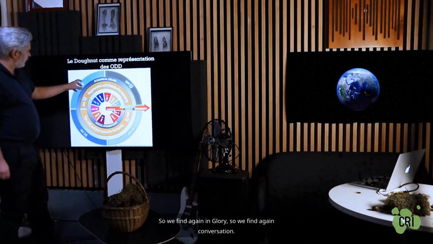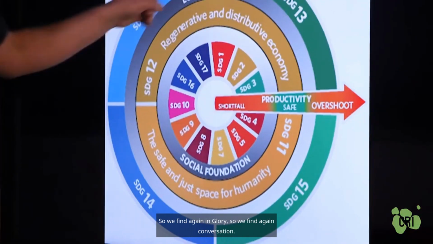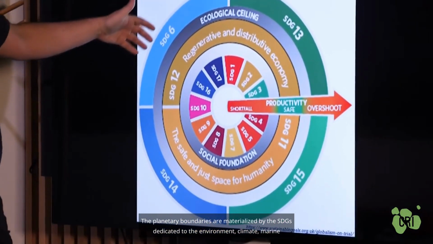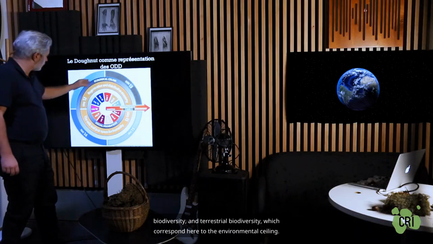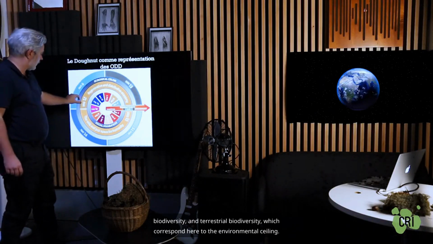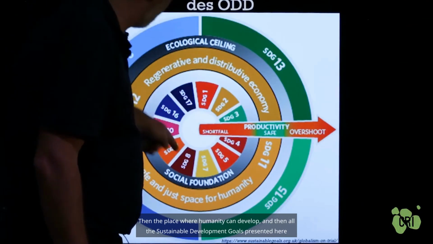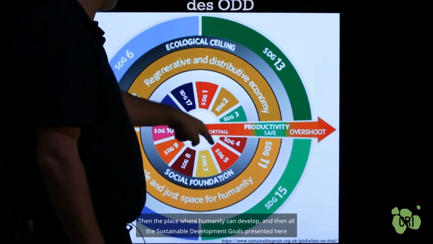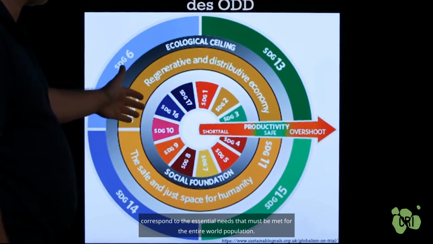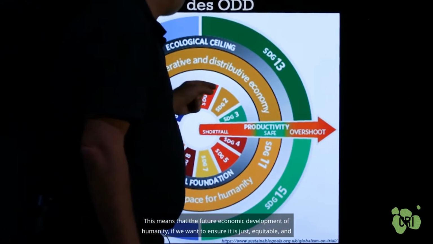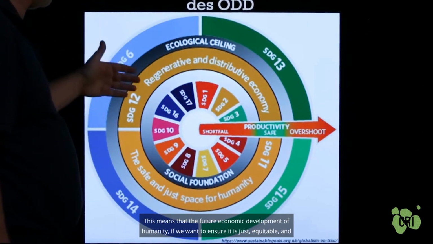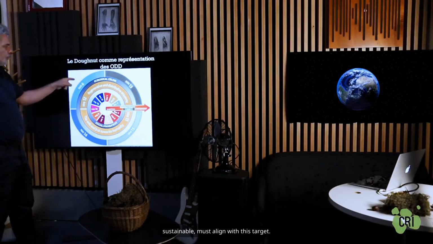The planetary boundaries are materialized by the SDGs, dedicated to the environment, climate, marine biodiversity, and terrestrial biodiversity, which correspond here to the environmental ceiling, then the place where humanity can develop, and then all the sustainable development goals presented here correspond to the essential needs that must be met for the entire world population. This means that the future economic development of humanity, if we want to ensure it is just, equitable, and sustainable, must align with this target.